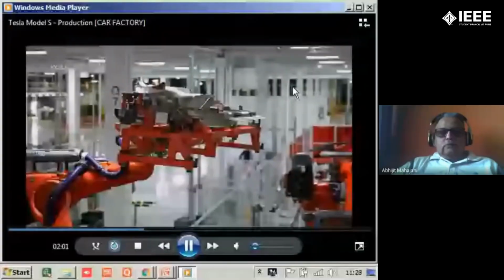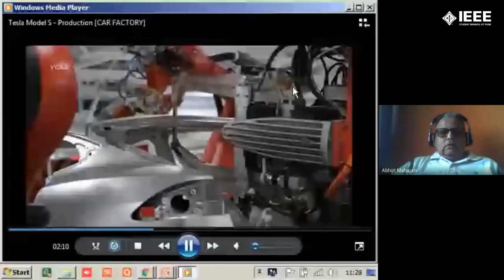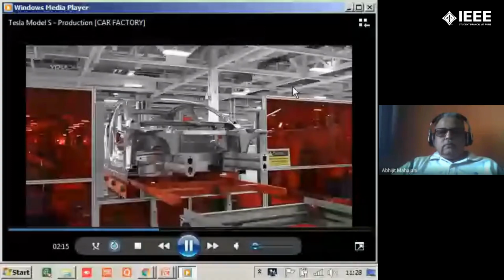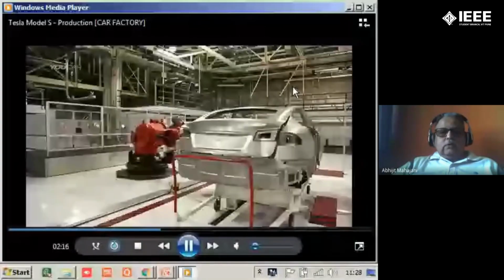It's welded. Here comes our fully assembled body. It goes for painting.